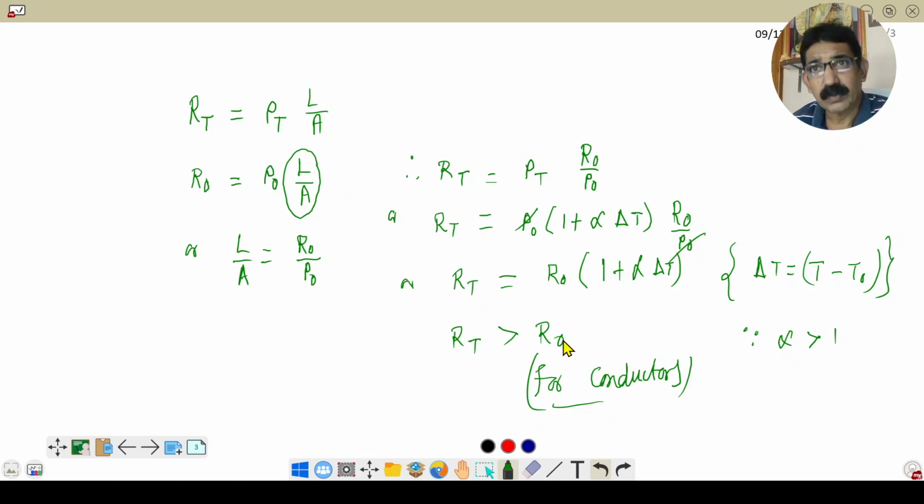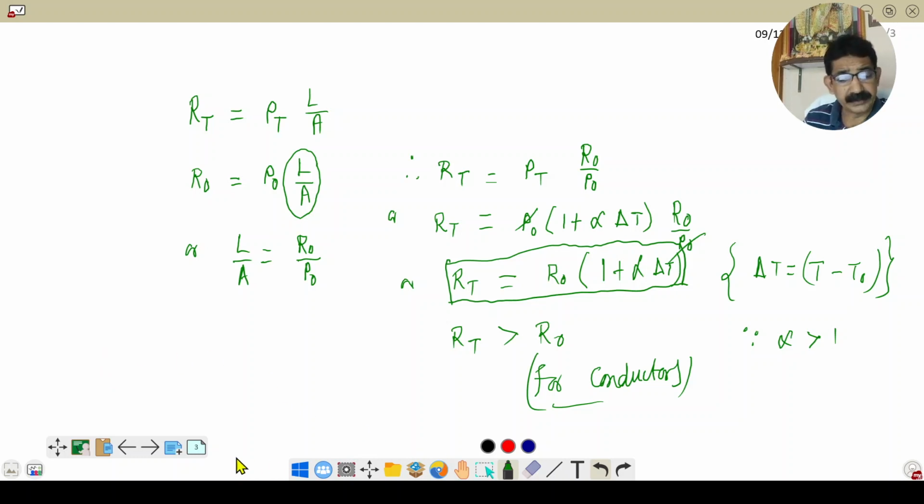With the increase of temperature of the conductor, the resistance also increases, and this equation governs the relation.